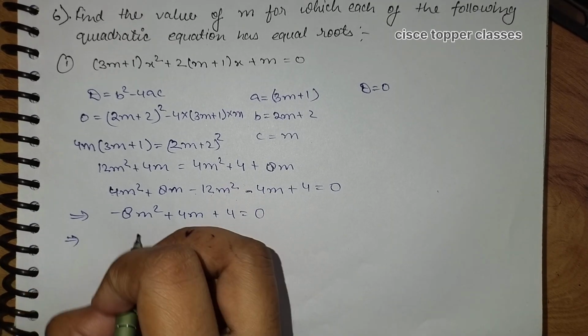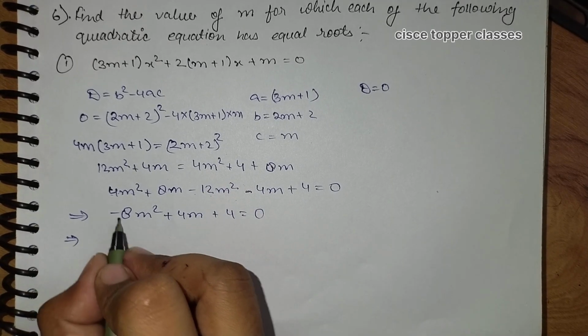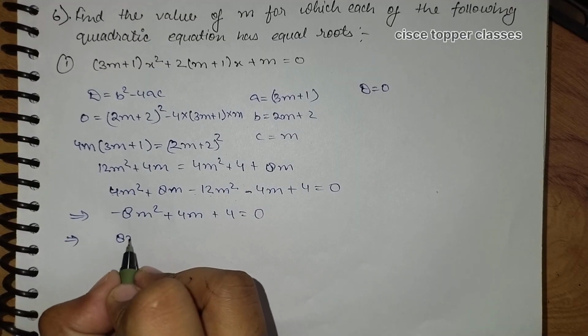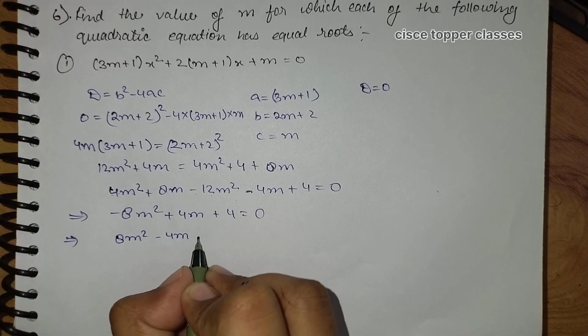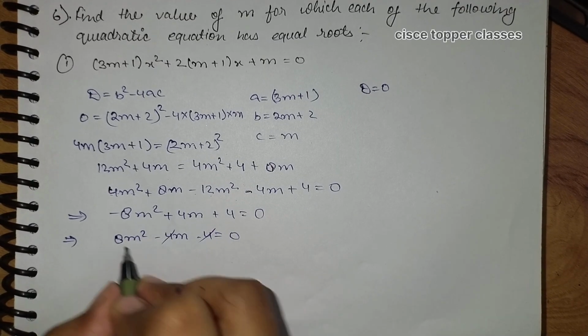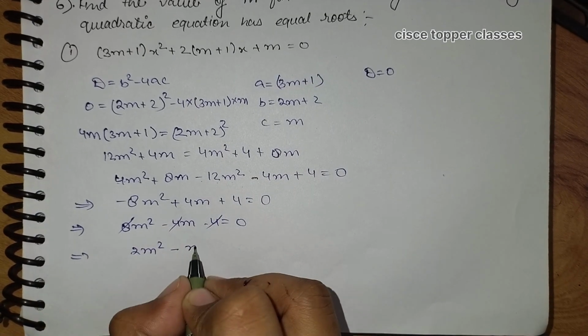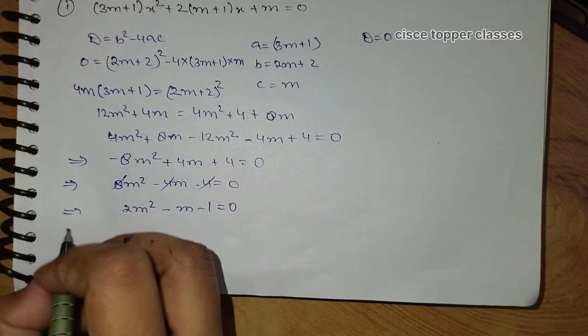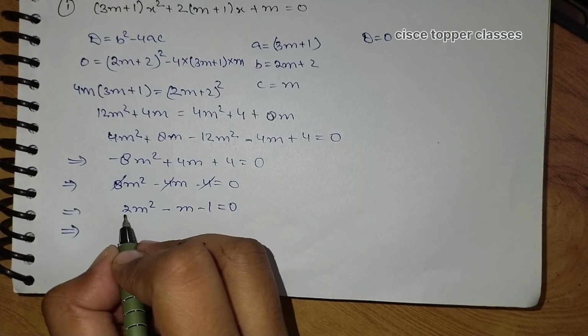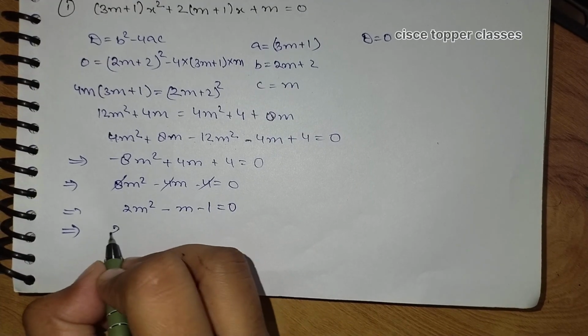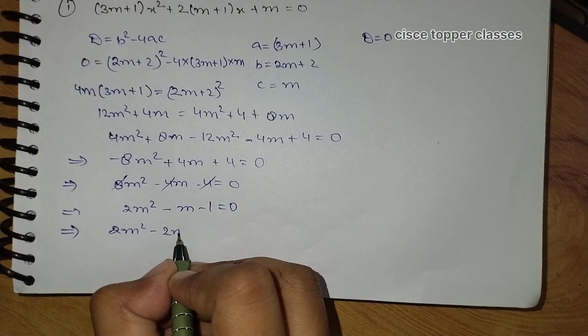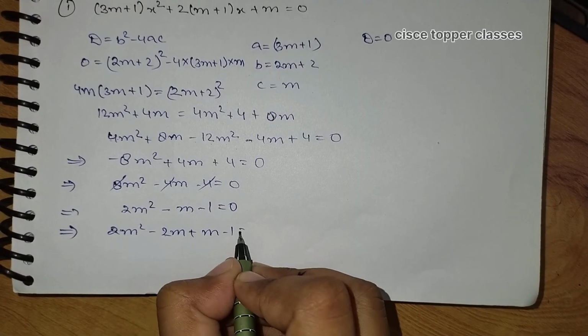On multiplying with a negative sign in this whole equation, we will get 8m square minus 4m minus 4 equal to 0. Cancelling 4, we will get 2m square minus m minus 1 equal to 0. On taking factors here, we will solve it by factor method as 2m square minus 2m plus m minus 1 equal to 0.